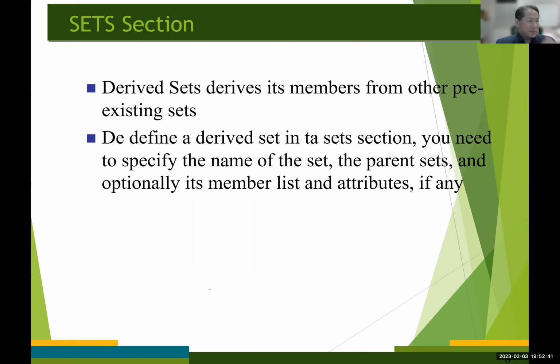And optionally its member list and any attributes, okay? And if the member list is omitted, the derived set will consist of all the combinations of the members from the parent sets. And in that case, it is referred to as being a dense set, okay?